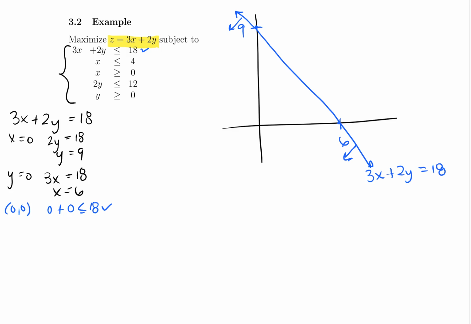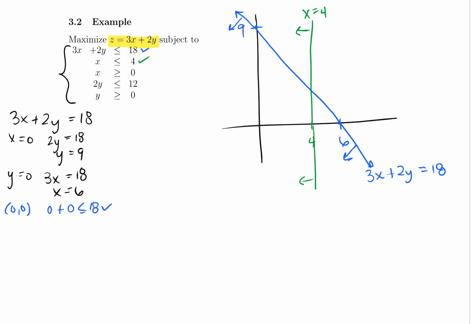We have x less than or equal to 4, so x equals 4 would be a little bit to the left of 6, and we'll have a vertical line at x equals 4. And we want x less than or equal to 4, so that would be things on the left of this vertical line.